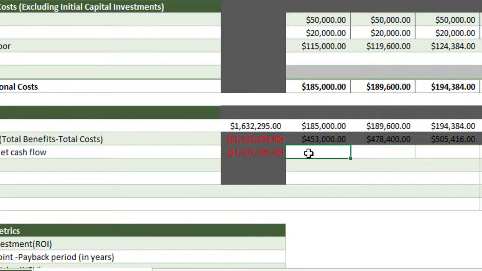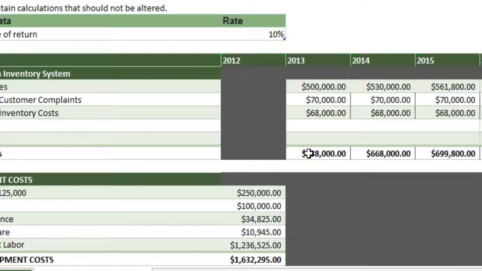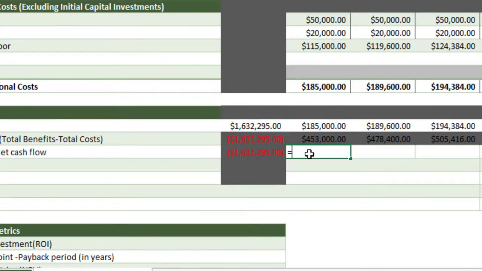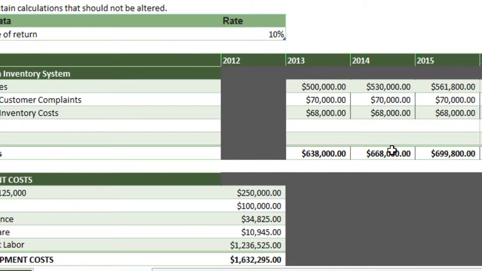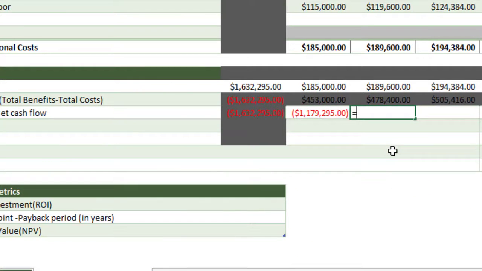The cumulative net cash flow for the second year, which is 2013, is gotten by taking the outflow for the previous year, then we add the inflow for that particular year, and it's going to give us that particular value. Similarly, for 2014, we are going to take the net cash flow for the previous year, we add the net benefit for that particular year, and it's going to give us that.